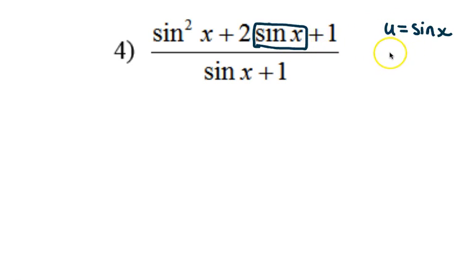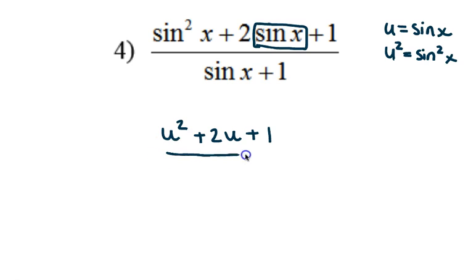So if sine x is u, then u squared would be sine squared x. So let's just replace that up top. I would have u squared plus 2u plus 1 over, this would be u plus 1.